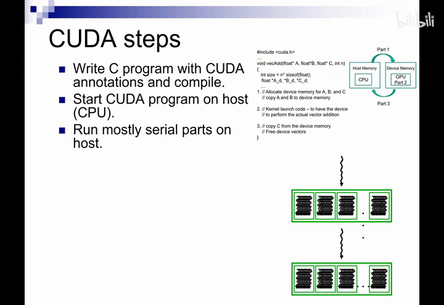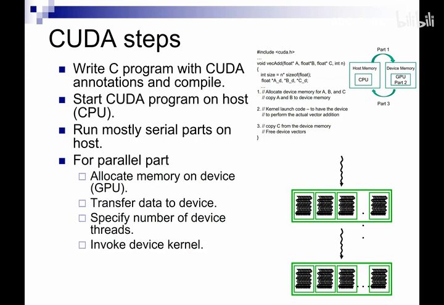The CPU is called the host, and the host is going to do some initialization and run some serial code. Then eventually you get to the parallel part, and you want to run that on the GPU. To do that, the first thing is you need to allocate some memory on the GPU, and usually we call the GPU the device. So the host is the CPU, and the device is the GPU.